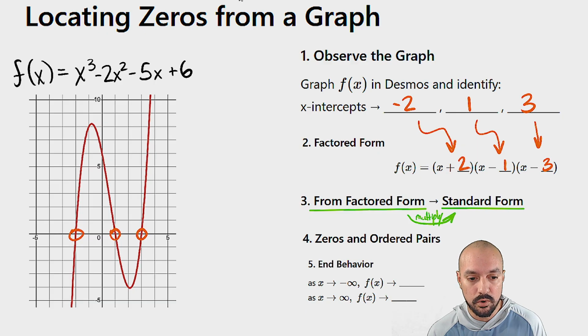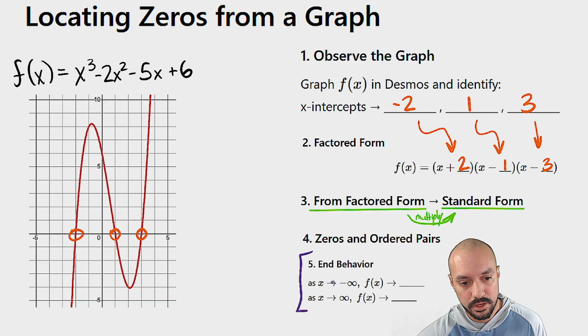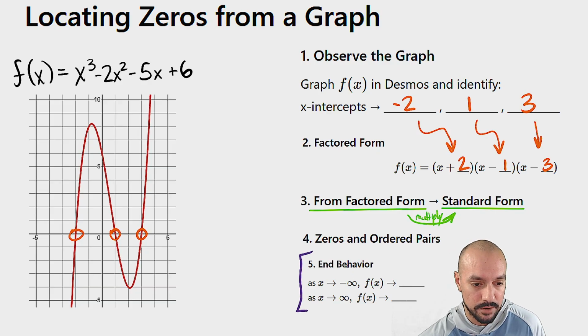The next thing that we want to connect is end behavior. I'll come back and talk about zeros and ordered pairs in a second. For end behavior, whenever we see x approaching negative infinity, that's talking about the left side of the graph, and whenever we see x approaching positive infinity, that's talking about the right side.